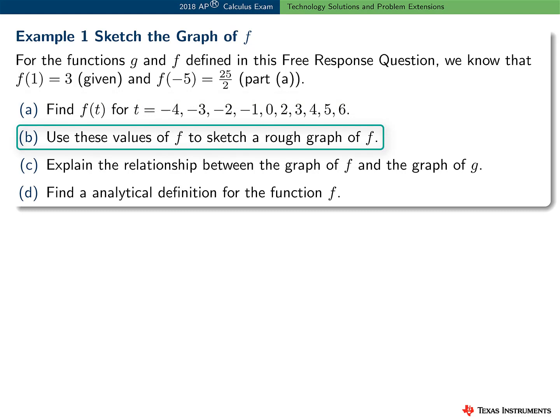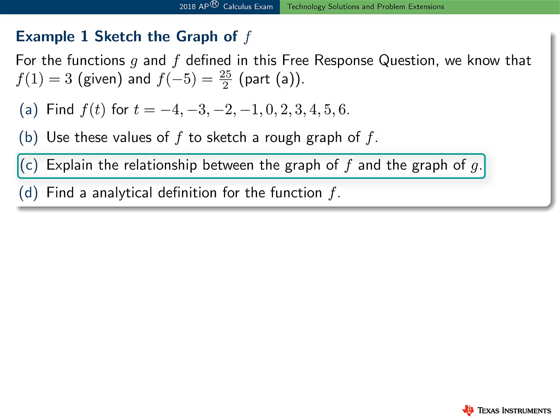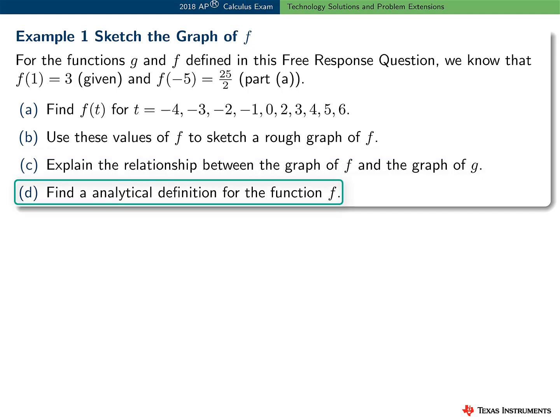In B, plot all these values and use these points to sketch a rough graph of f. In part C, you might consider plotting f and g on the same coordinate axes, and then explain the relationship between these two graphs. And in part D, try to find an analytical piecewise definition for the function f.